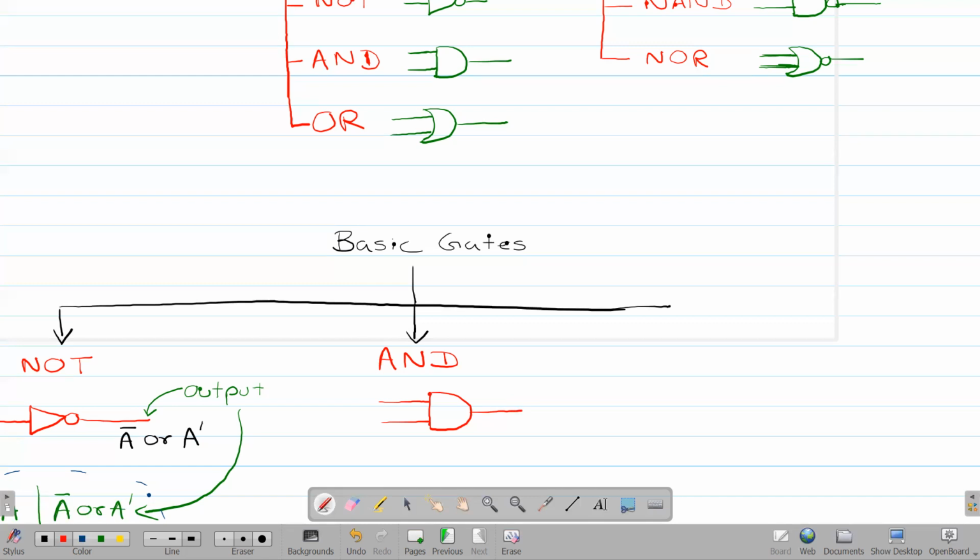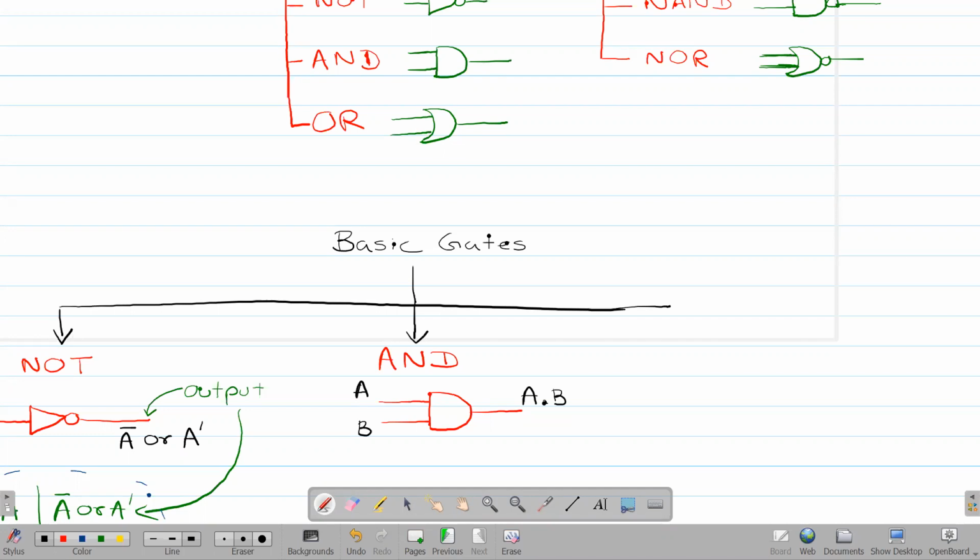According to Boolean algebra, if A and B are given to these different inputs, the output is going to be A dot B. We address this as a Boolean multiplication, something very similar to mathematical multiplication.